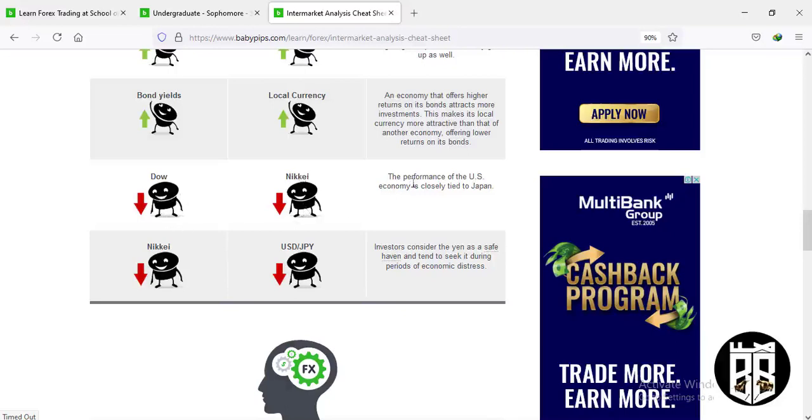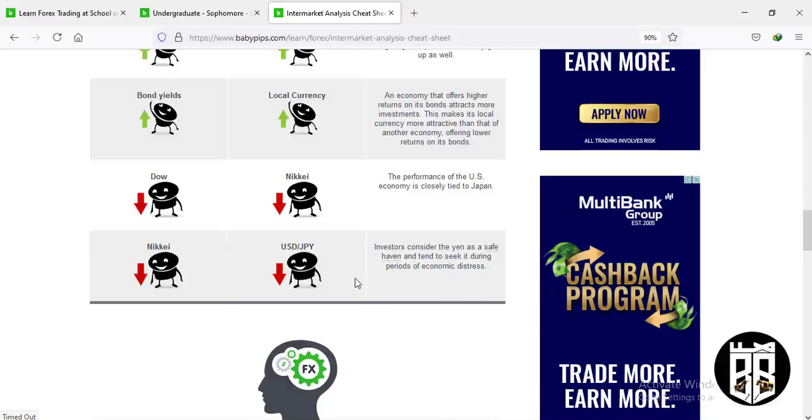Why? Because the performance of the US economy is closely tied to Japan. Now, if the Nikkei is down, the USD/JPY is also down. That's because investors consider the yen a safe haven and tend to seek it during periods of economic distress.